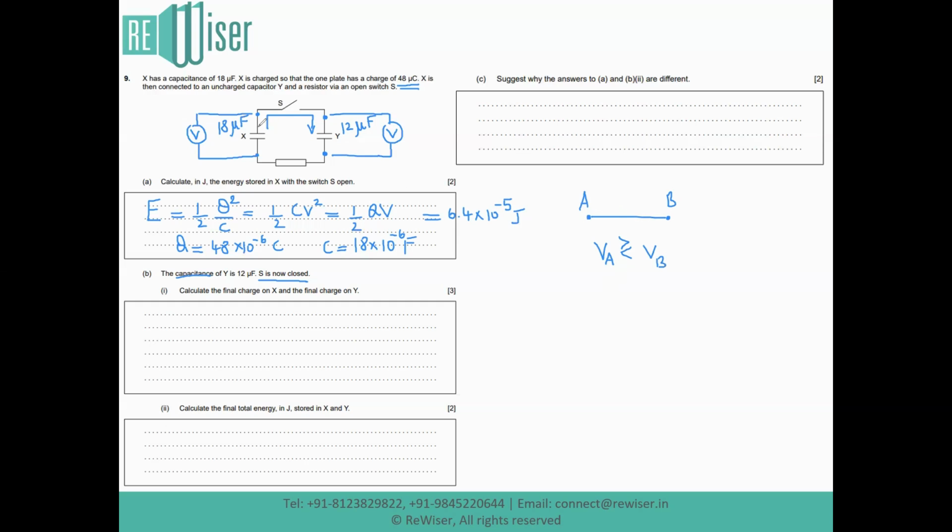Whenever the potential remains the same, as is the case for the potential across X and Y, the charges will stop flowing.